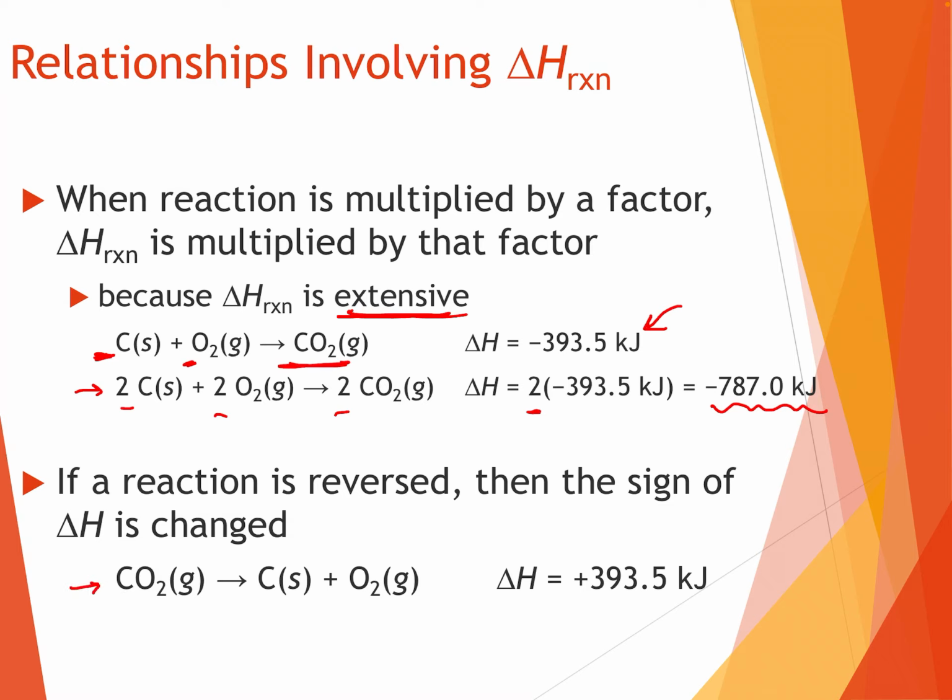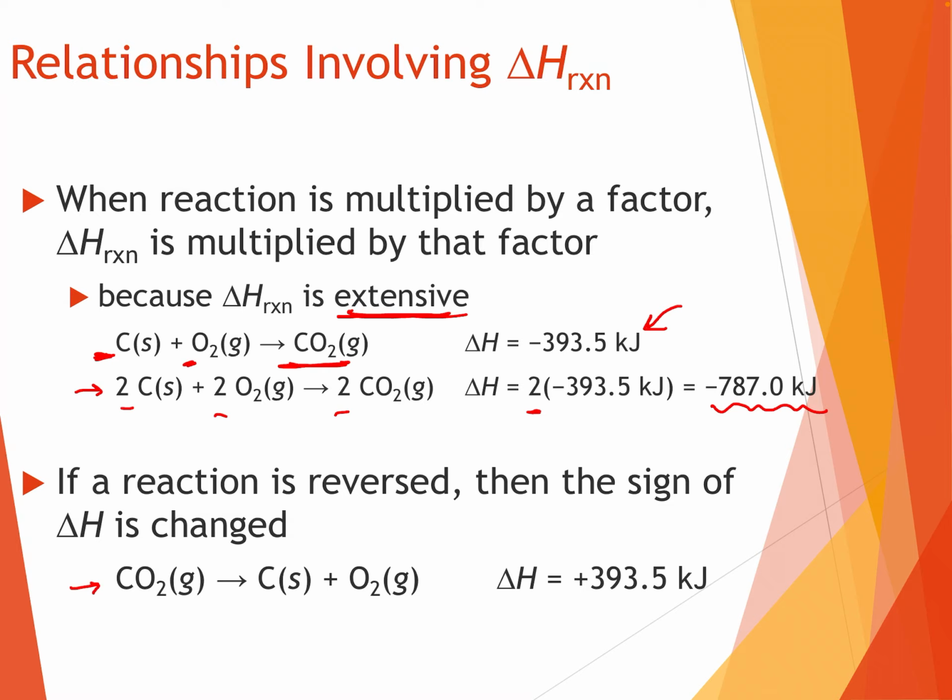We're decomposing carbon dioxide, breaking it back into its elements. That would mean we are going to flip the sign of the reaction. So instead of getting out negative 393.5 kilojoules, we needed to put in 393.5 kilojoules to decompose the reaction. So now instead of it being an exothermic process, it's an endothermic process.